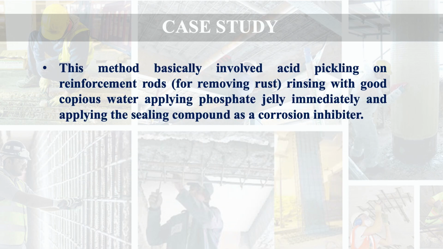This method basically involved acid pickling of reinforcement rods for removing rust, rinsing with copious water, applying phosphate jelly immediately, and applying the sealing compound as a corrosion inhibitor. So this was used for making the steel corrosion resistant.